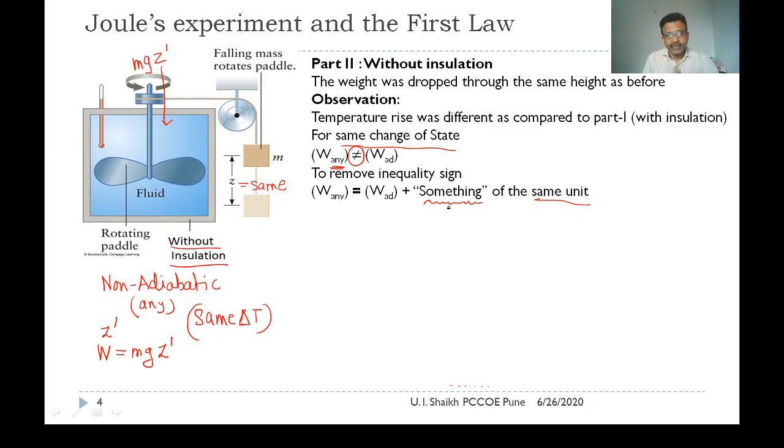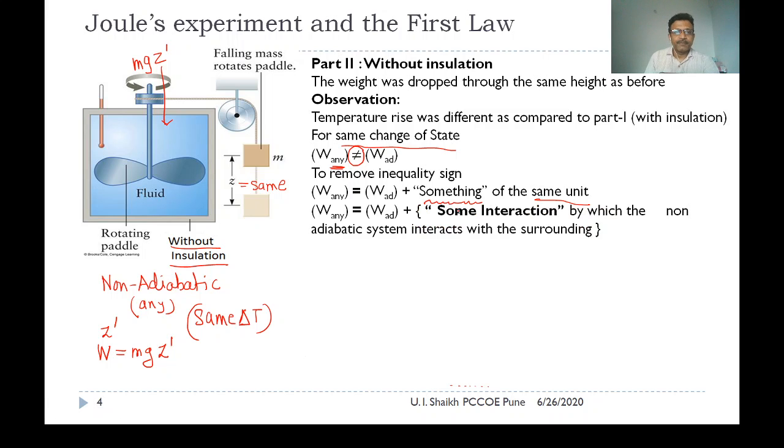By scientific intuition, we can say that this something is nothing but some other kind of interaction the system, rather the non-adiabatic system, is doing with the surroundings. So rearranging this equation, we can write W any is equal to W adiabatic plus some interaction by which the non-adiabatic system is interacting with the surroundings.